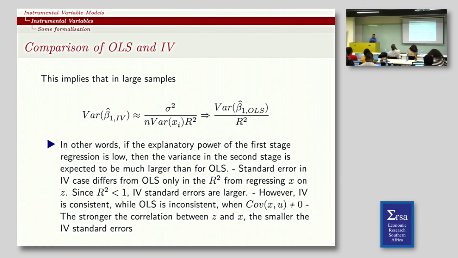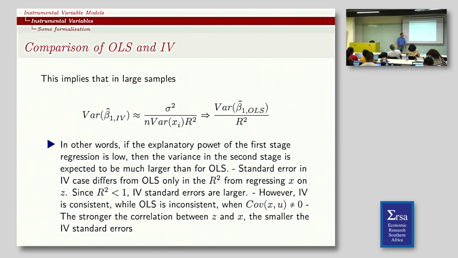You can rewrite this in a couple of ways. This is also kind of useful, right? So if the explanatory power of the first stage regression is low, so this R squared is low, then the variance in the second stage is expected to be way larger than it is for OLS.